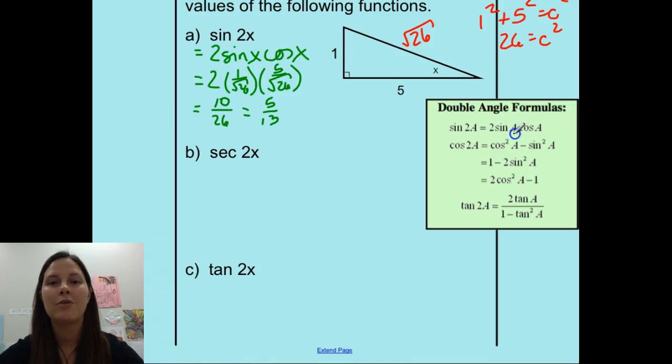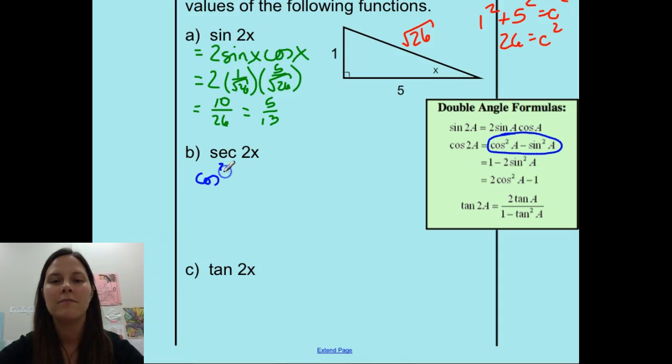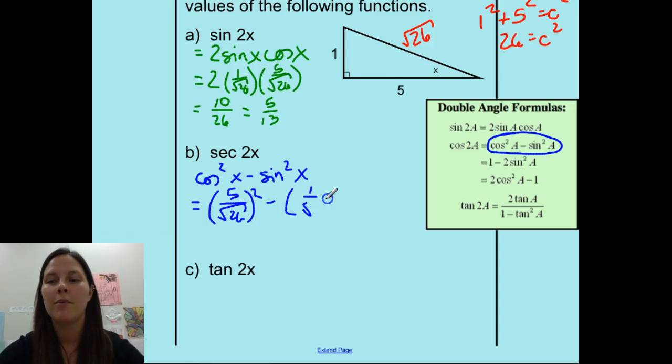For example B, in order to find secant of 2x, we will first find the cosine of 2x, and then we'll take the reciprocal. If you'll notice, cosine has 3 different formulas. We'll just start with the first one on this example, and we'll look at some of the other ones on different examples in this lesson. So we've got cosine squared minus sine squared. Substituting in those values, cosine again was adjacent over hypotenuse, and sine was opposite over hypotenuse.